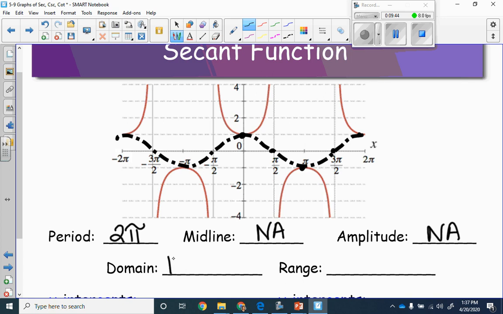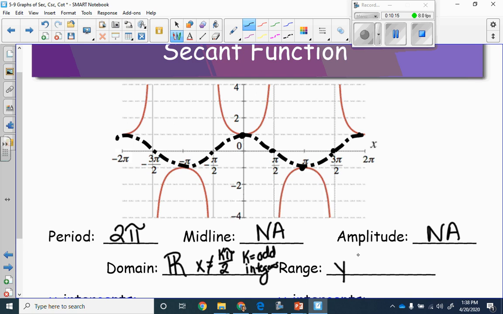Domain is going to be all reals with the exception of where we get our vertical asymptotes, and that is x cannot equal k pi over 2, and k is going to be odd integers. So you'll see at 1 pi over 2, 3 pi over 2, that's where vertical asymptotes are taking place.